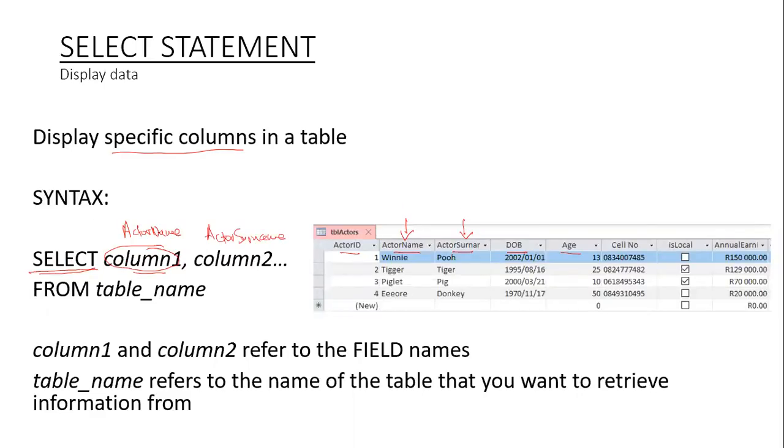So I would say select actor name, comma, actor surname from the table that we are using is called TBL actors. And that would then give us this output of only the name and the surname for all the records that are in my table, TBL actors.